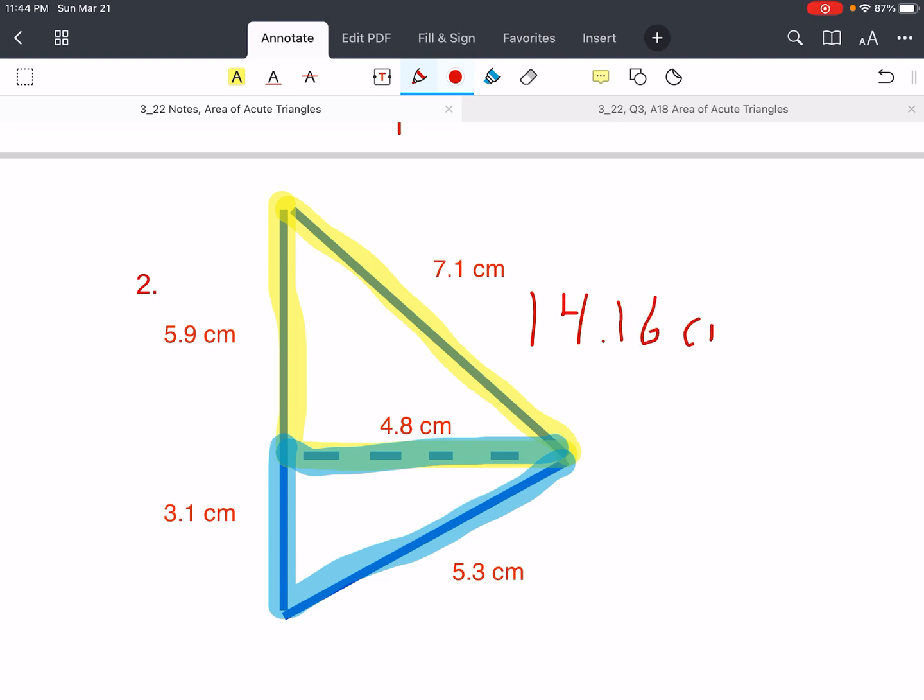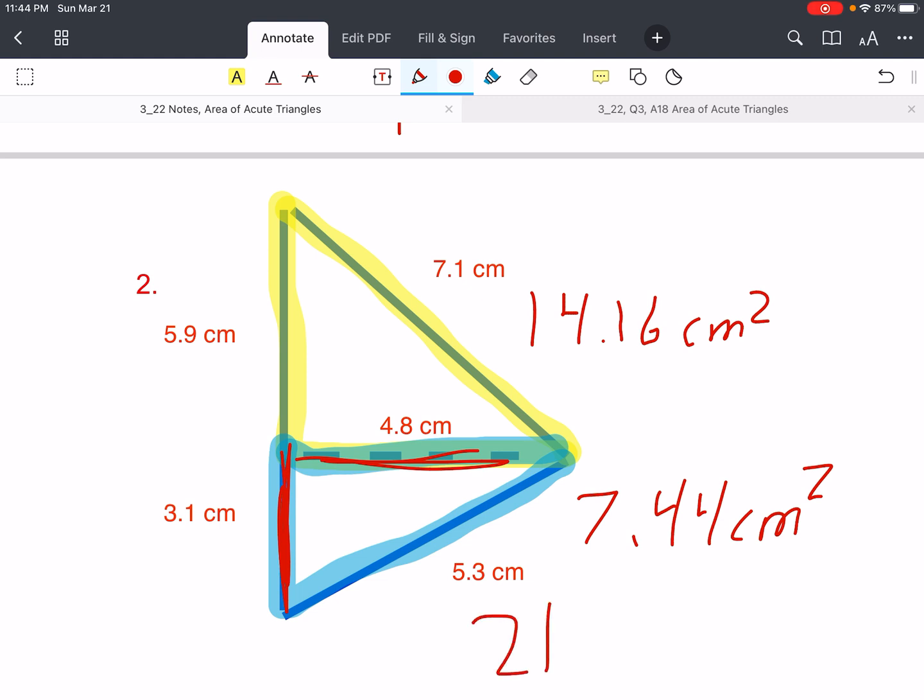14.16 centimeters squared. And then for my bottom triangle, I'm going to use the base here times the height. So that is 3.1 times 4.8, and then divided by 2. And that gives me 7.44 centimeters squared. And if I add those together, then I get a total of 21.6 centimeters squared.